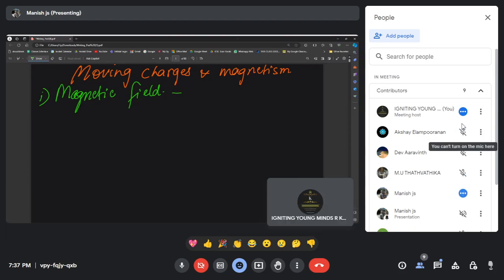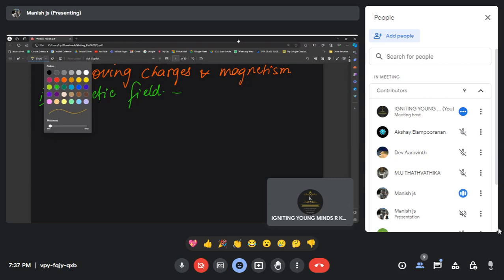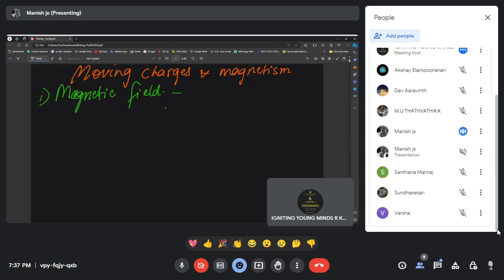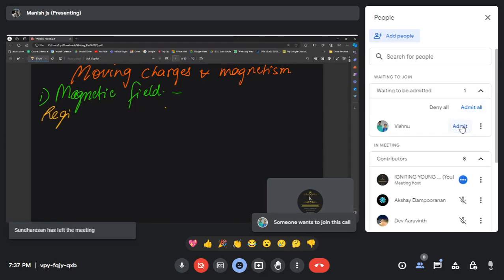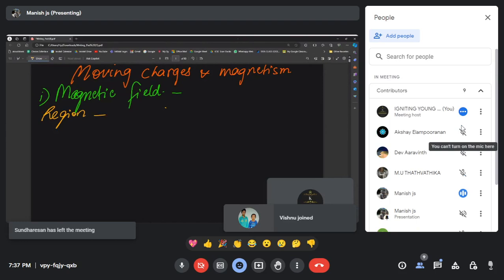Okay. So this is the basic idea. So I'm writing down the basic idea. It's basically the region. Now I'm not writing the entire paragraph or the entire statement, just in simple terms, we understand what magnetic field is. So basically, magnetic field is a region surrounding the magnet where its influence is felt.